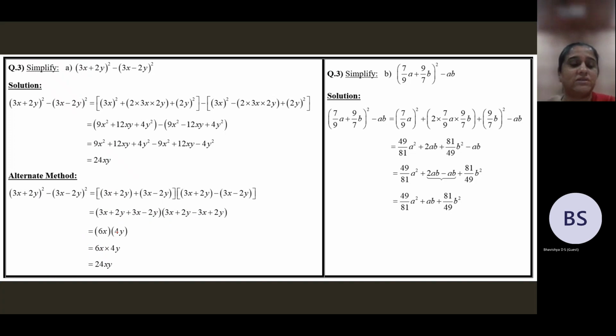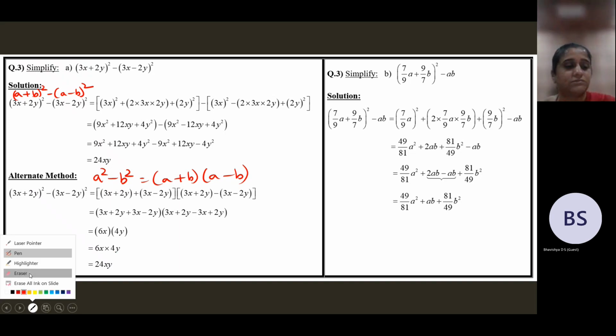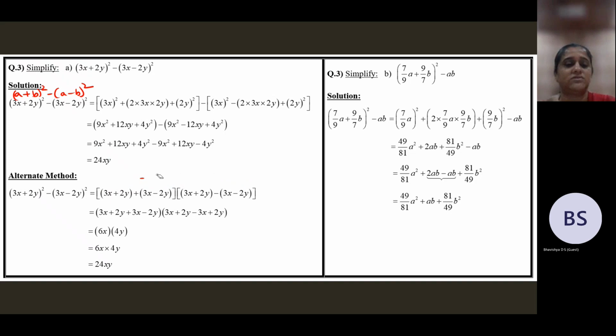So this is the alternate method. In the alternate method, we use the formula a square minus b square is equal to a plus b into a minus b. In this method, we look at this as a plus b the whole square minus a minus b the whole square. That's the difference.